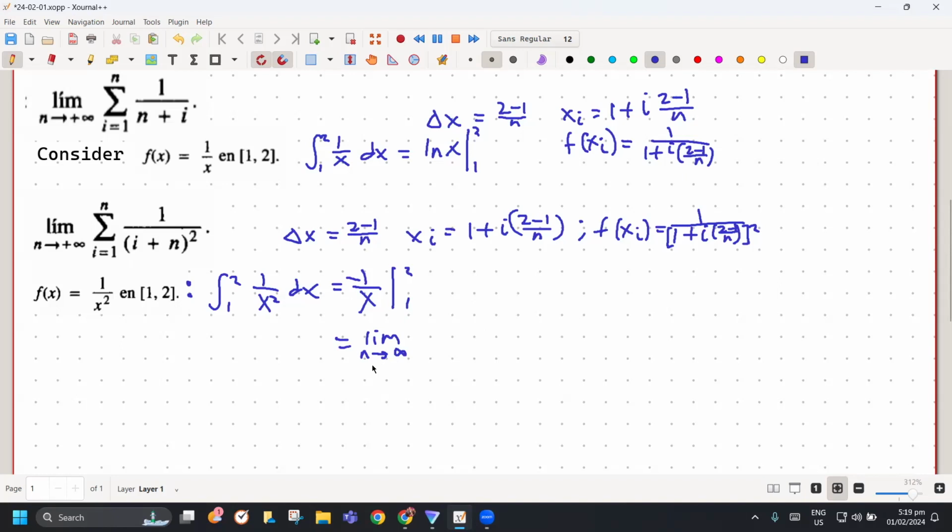Pwede namang limit as n approaches negative infinity, pero hindi siya useful for the definite integral kasi yung n we're using that to count how many intervals we're using. So, siyempre, n is positive. Ordinal number siya. The limit of summation.